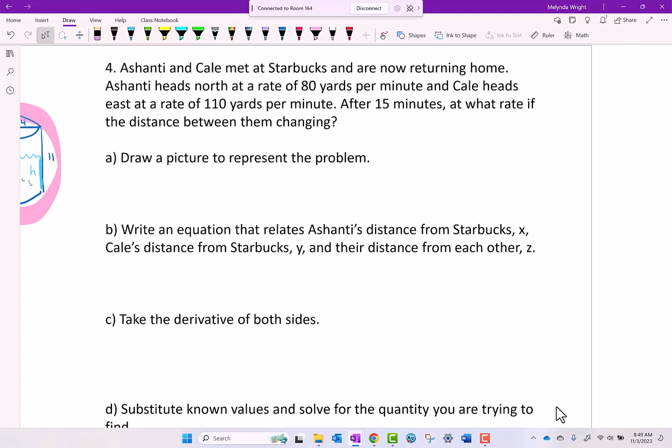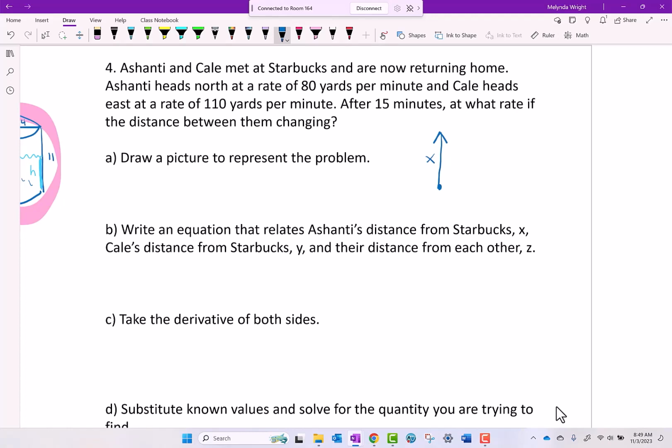Okay, so of course, we need to draw a picture. We're going to do our setup first. So we're going north, and I labeled that X just because. You can label it any variable you want. You could even call it A for Ashanti if you want to.